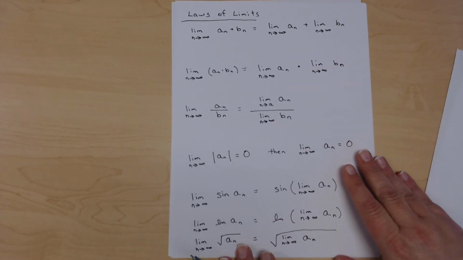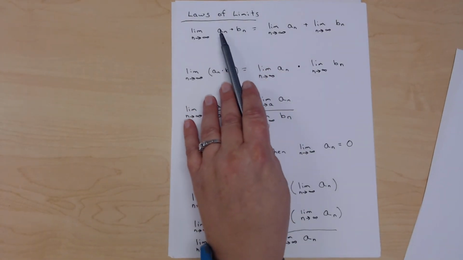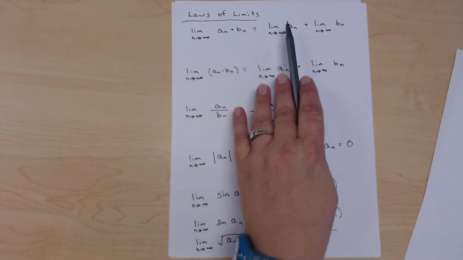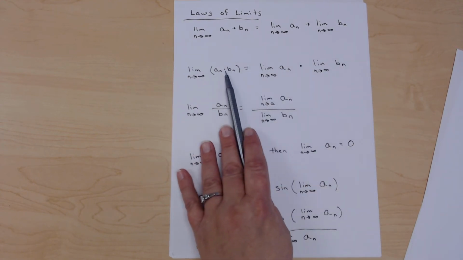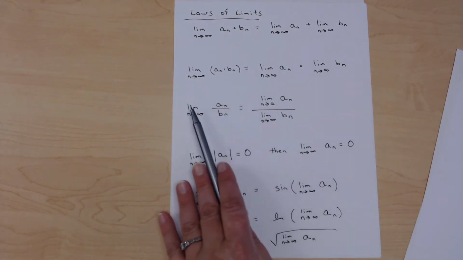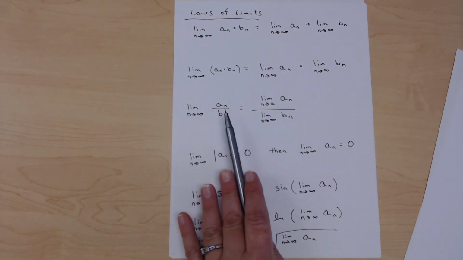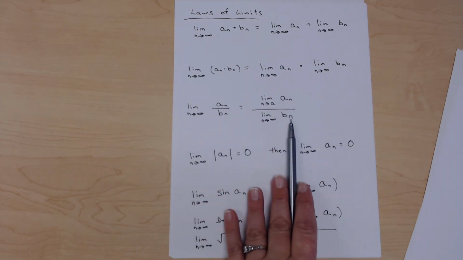Basically, which is really nice about limits, you can break it up however you like. So if you're adding stuff, you can take the limit of each thing separately, okay? If you're multiplying, you can take the limit of each thing separately, okay? If you're dividing, now we're going to do some other things with division, but it is okay if at some point you need to do it separately, okay?